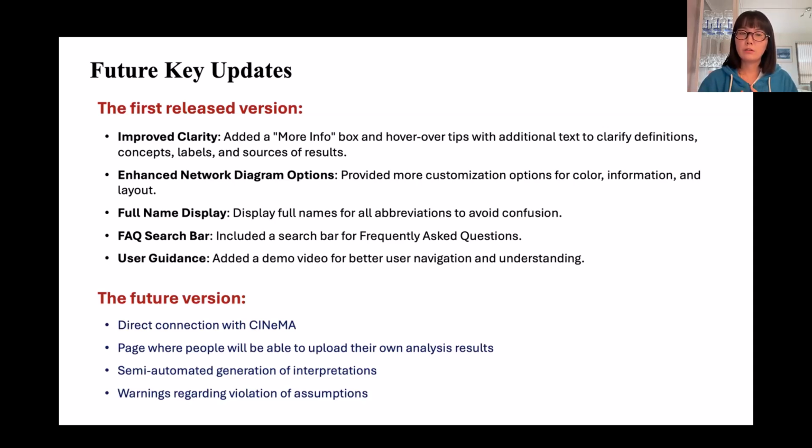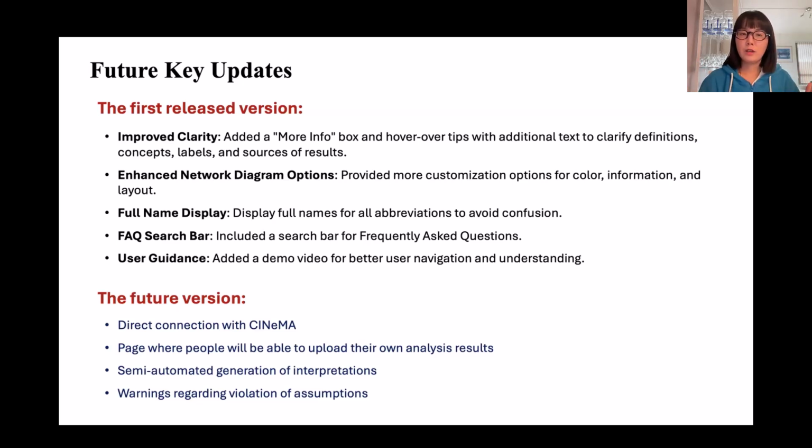So in the future, we will streamline this process by establishing the connection between these two applications. And then we will include a page where people will be able to upload their own analysis results, because in this version, if you want to use the knowledge translation tool, you need to run analysis in Anime Studio.